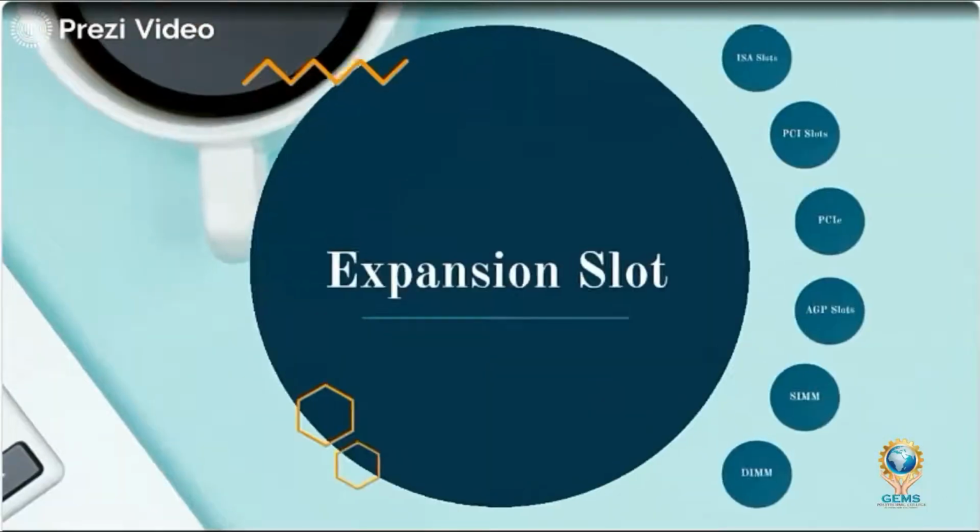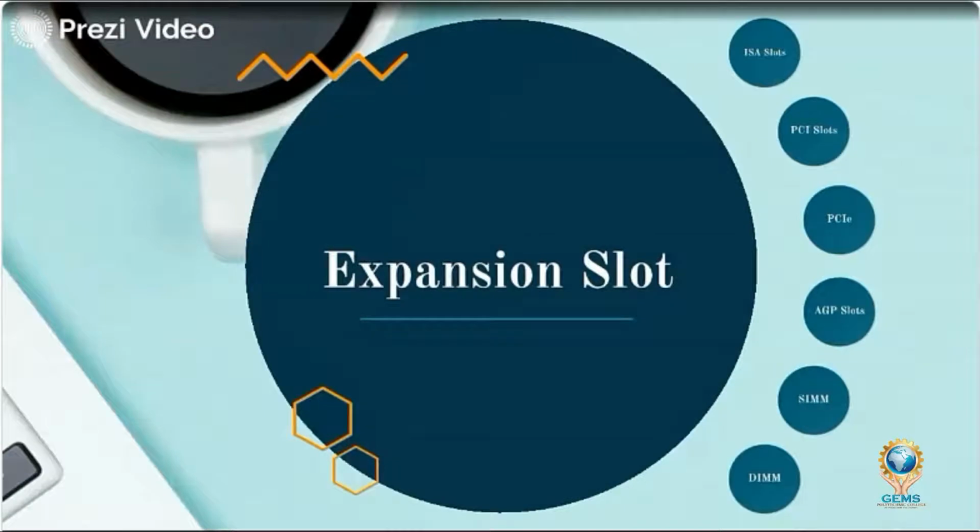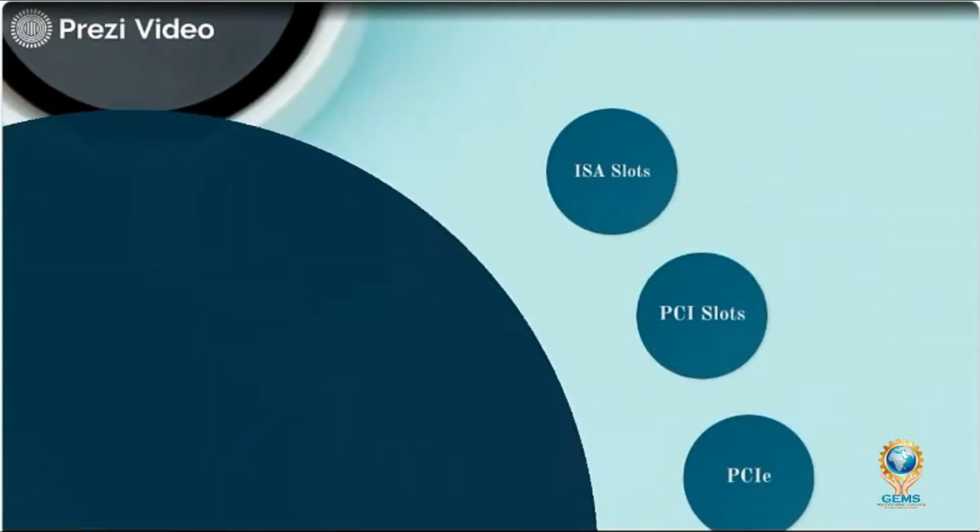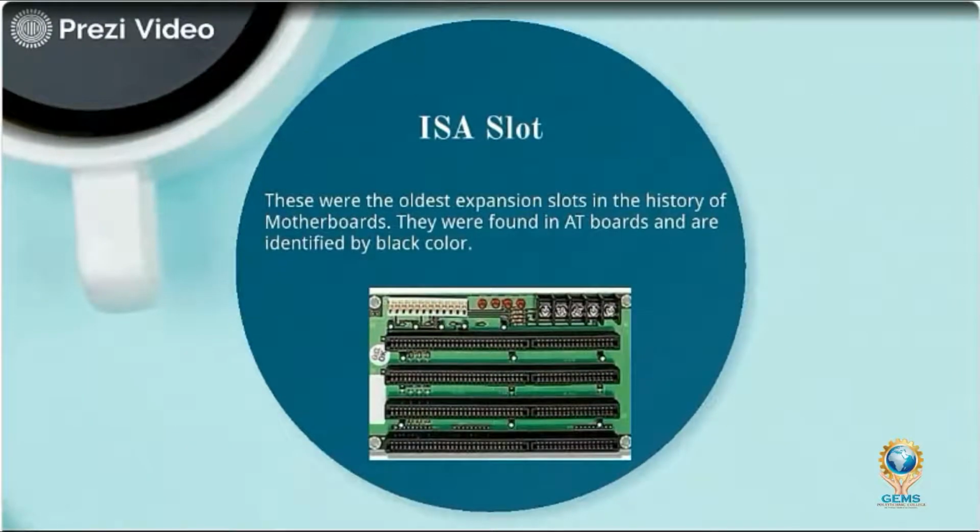Now we will see the expansion slots. The first one is the ISA slot. These were the oldest expansion slots in the history of the motherboard. They were found in 80 boards and are identified by a black color. The ISA full form is Industry Standard Architecture.